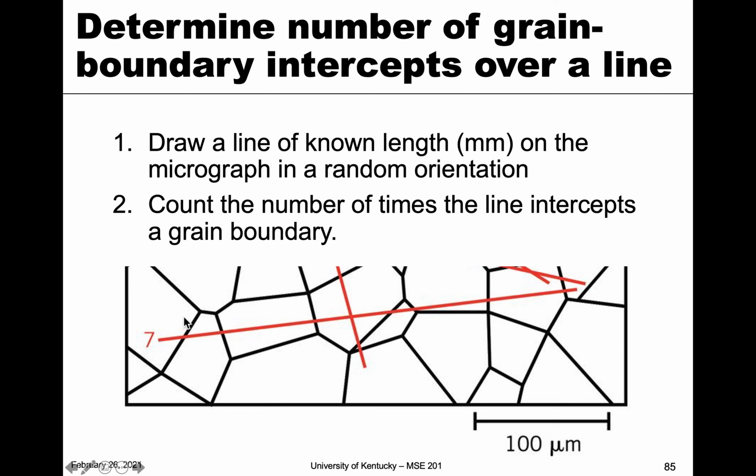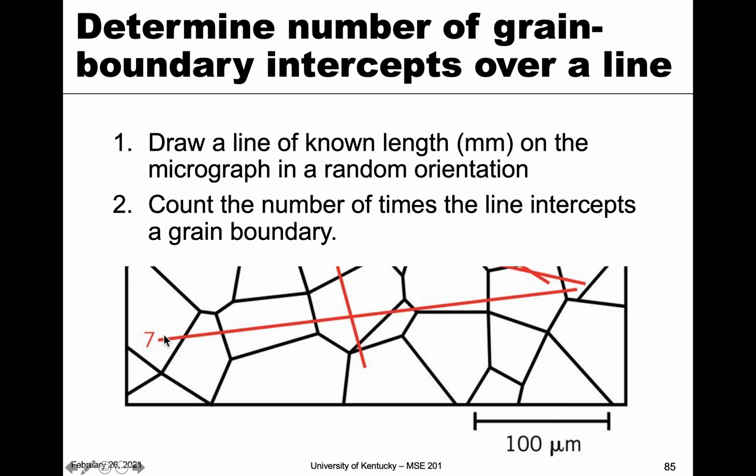We want to try to put that line randomly so that we don't put any sort of bias into the measurement from wanting to make, for example, our lives easier and put it on a certain line. So we want to randomly orient this line. And then we count up the number of intercepts on that line.